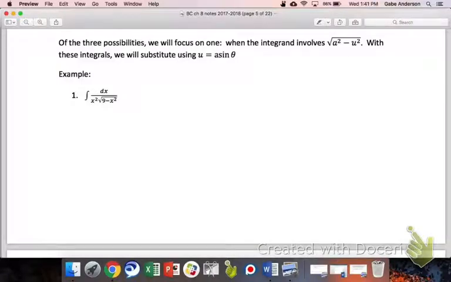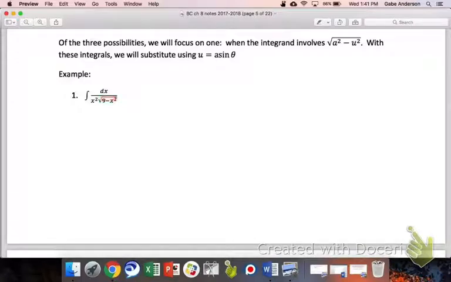Once you realize this is not normal, the next thing I'd hope you'd see is that right there: the square root of 9 minus x squared, which is that pattern, the square root of some constant squared minus some function squared. So maybe you would be led to use what's called trigonometric substitution. It looks kind of ugly on the front end, but the technique that we navigate through is beautiful.